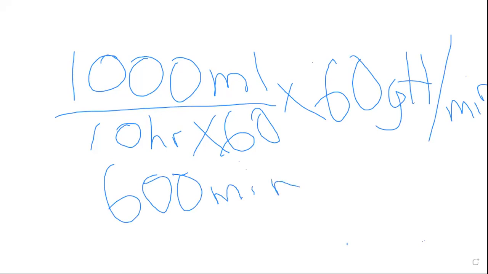We're going to take our 1,000, divide that by the 600, and multiply that times 60. And you should have gotten 100.